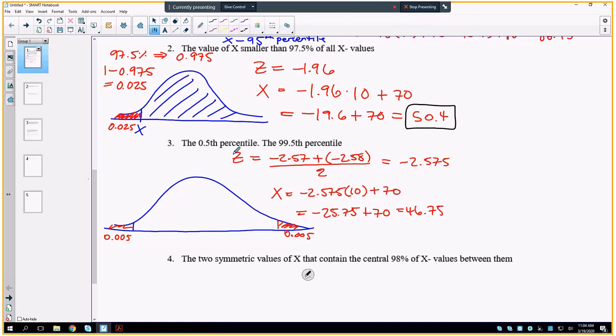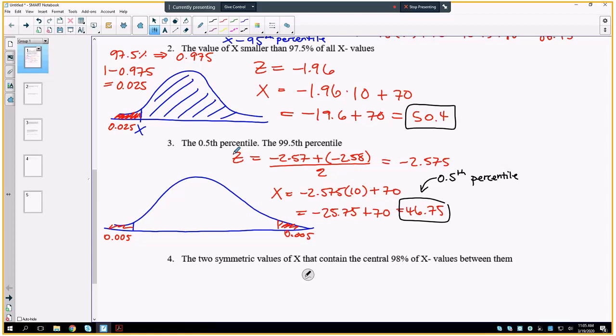So here, x equal to 46.75 is my 0.5th percentile, meaning that it's larger than 0.5% of x values. The problem also asked me to find the 99.5th percentile, and we can see from our picture that it's symmetric to the other side.